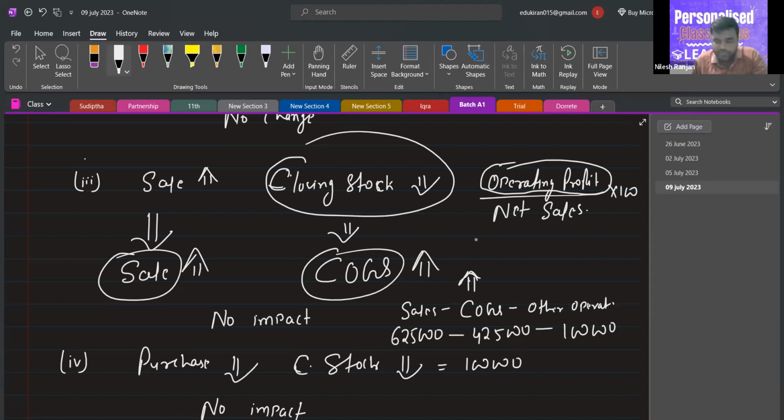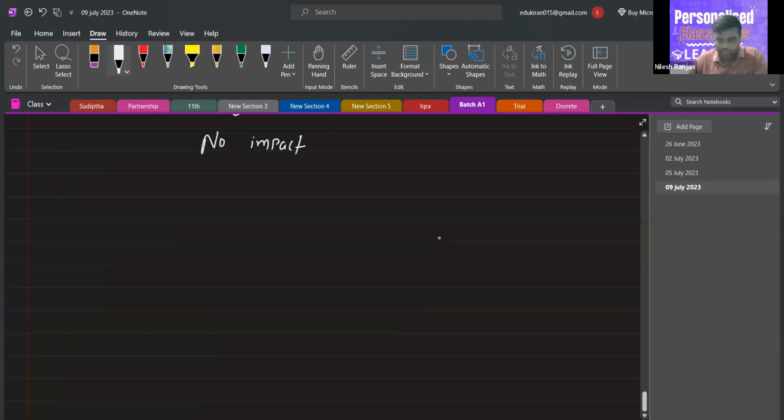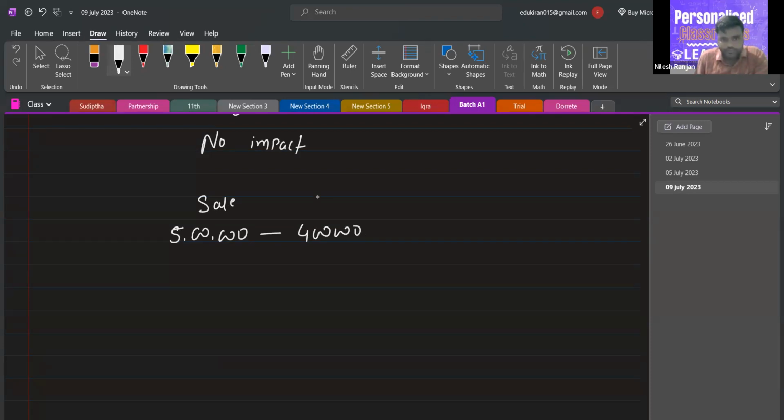Now the profit will be 1 lakh, which is also the previous profit. Let's take both situations. Last year, let's say 5 lakh was our sale, cost of goods sold was 3 lakh and other operating expenses was 1 lakh. So the operating profit was 1 lakh.